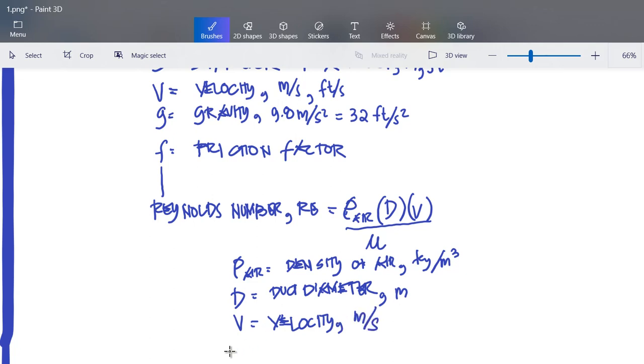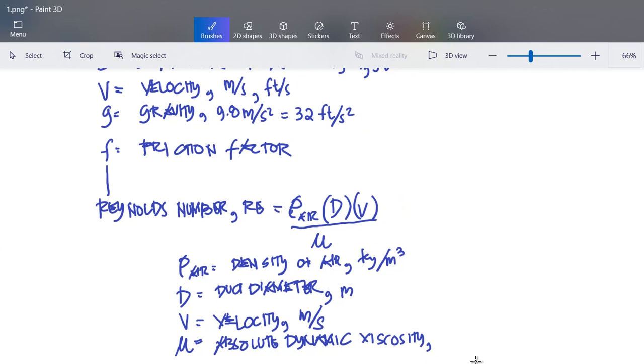Then absolute dynamic viscosity. So the unit is Pascal seconds.